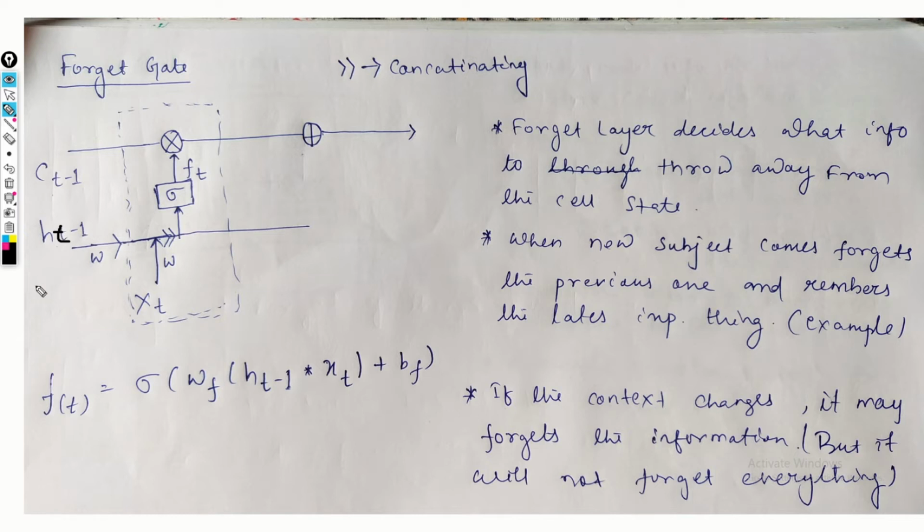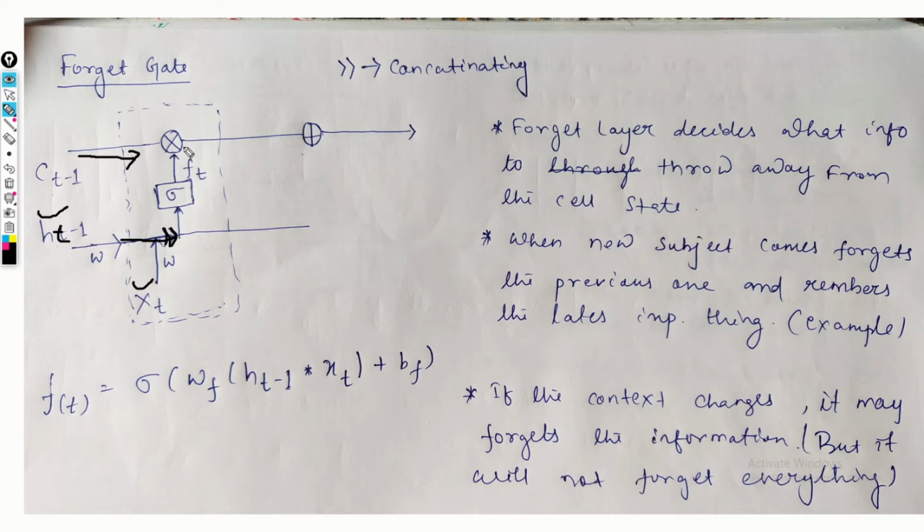And in each time step, the input word will be passed through here and concatenated. After the concatenation, it will pass through this particular sigmoid function, and the previous cell state will be coming through this.